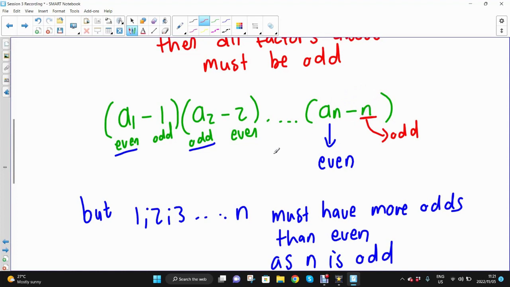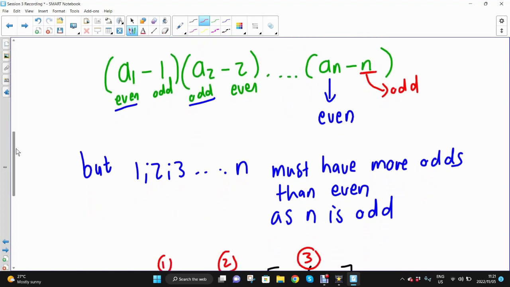Okay, so let's look at this again. We know that for all the numbers from 1 right down to n, we know that this is an odd number, and we know that we are ending with an odd number. Now, if I write all of this out, this actually tells me that there must be more odd numbers in this sequence than even numbers.